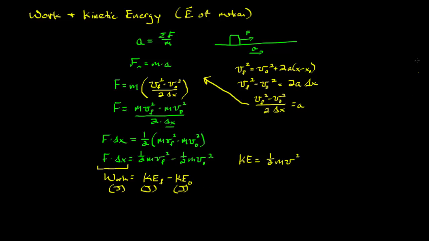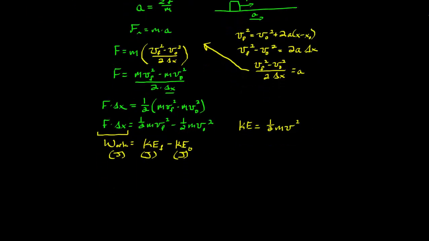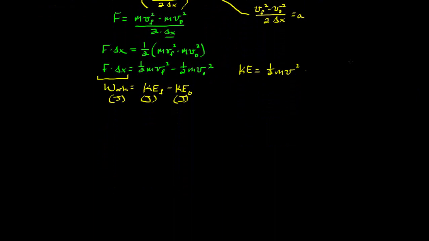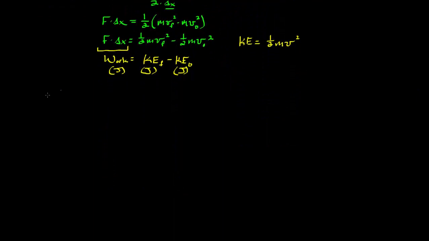Okay, so let's apply it. First let's just do some straight up kinetic energy problems. Let's think, if I have a mass moving at some velocity, what do I find for a new kinetic energy if I have 3 times the mass and 5 times the velocity?